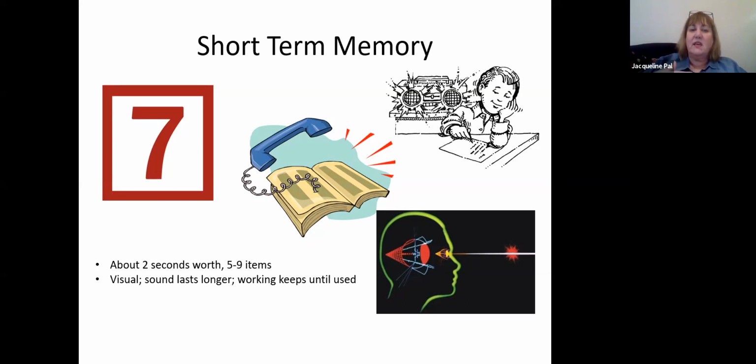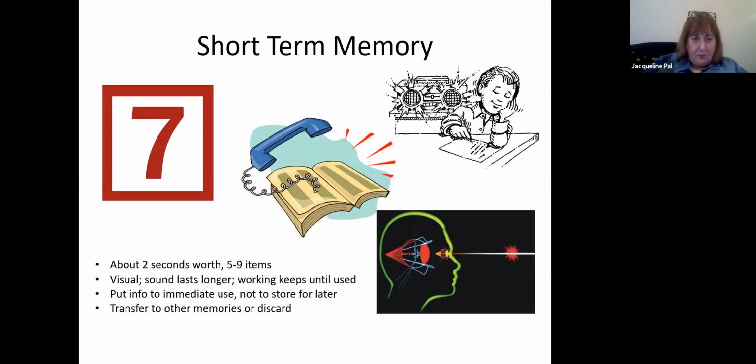Keep on saying them again and again. Okay. So the whole point of short-term memory is to put it to immediate use, not to store it for later. To store it for later, we have to make it into long-term memory. And so basically with short-term memory, we use it, we lose it, or we figure out how to make it into long-term memory.